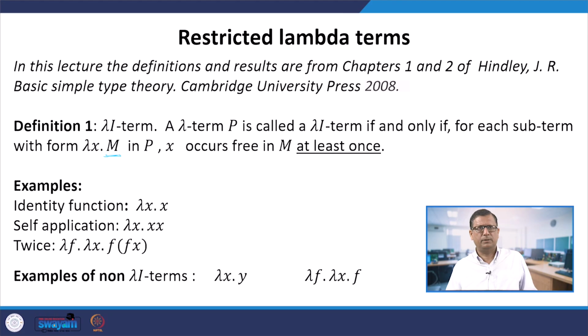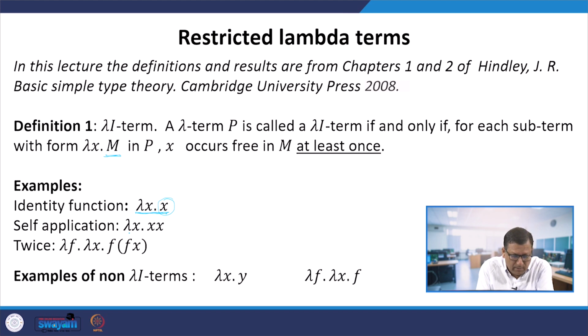So for example, consider the identity function lambda x dot x. This is the term and this is the only subterm. Here in the body, x occurs free at least once.